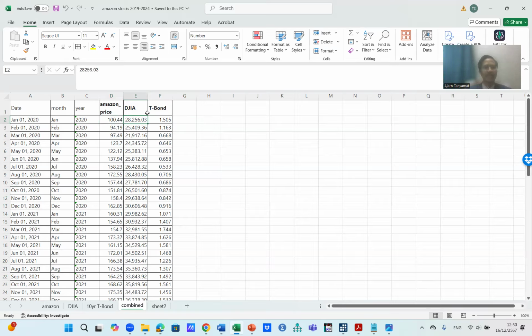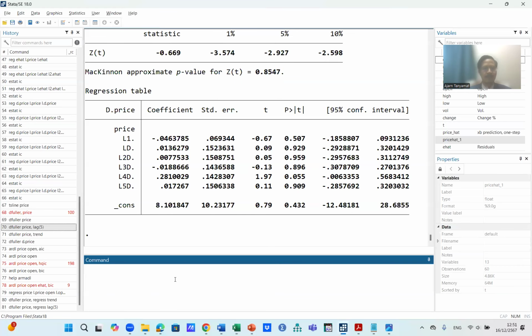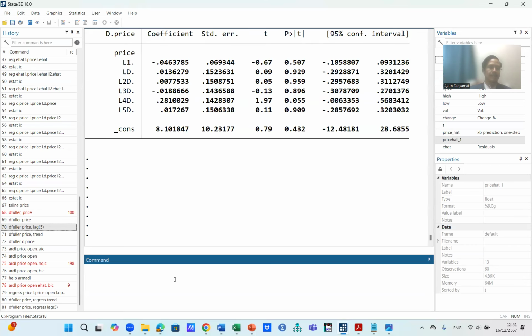So I think for DJIA, I want to divide it by 100, right, to make it into the hundreds. So for DJIA, I want to divide by 100. For T-bond, I want to multiply by 100. Okay. So let's try that. Go ahead and go to my data.